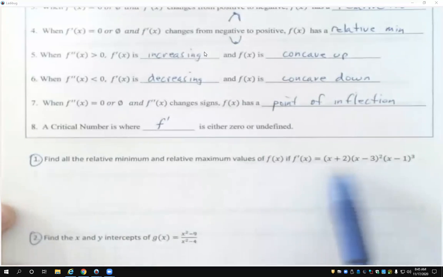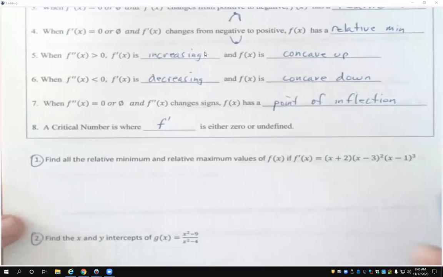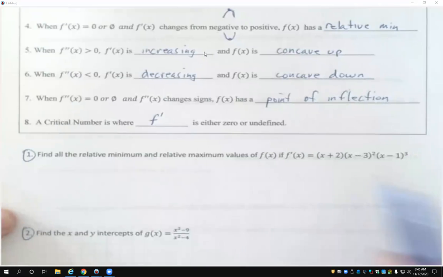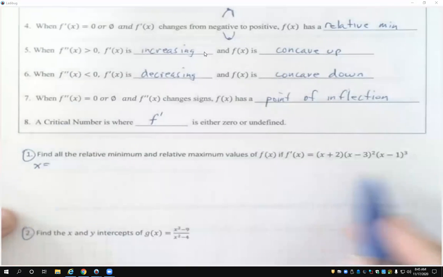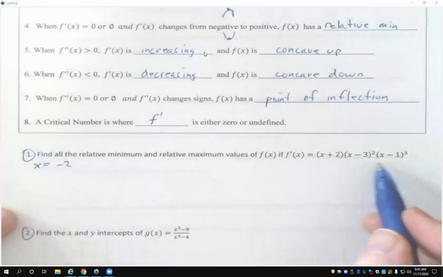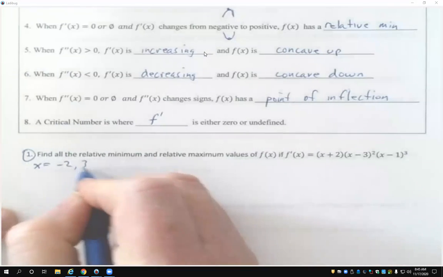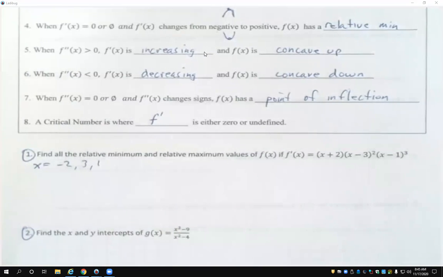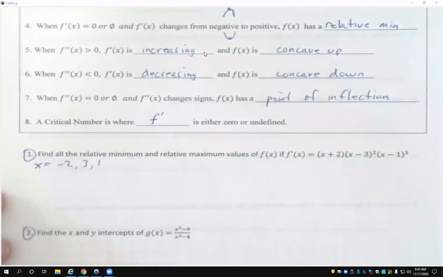Well, this is a polynomial, so it's only going to be 0. So I find my critical numbers by setting each one of these factors equal to 0. Hopefully we can just look at it visually and see that at -2, at +3, and at +1, I'm going to be 0. So I've identified critical numbers.